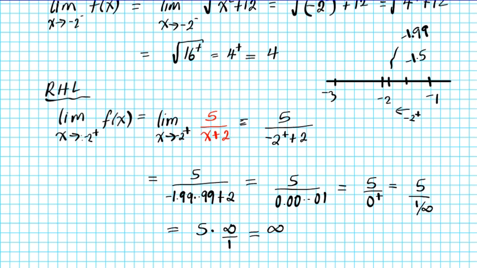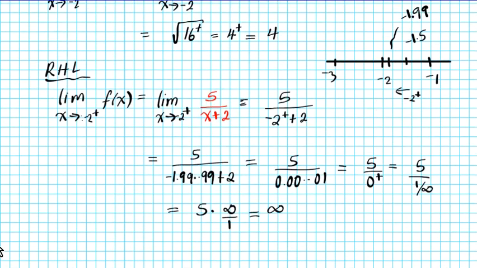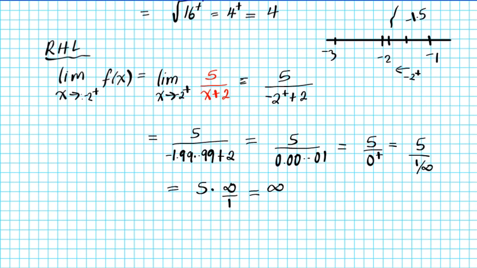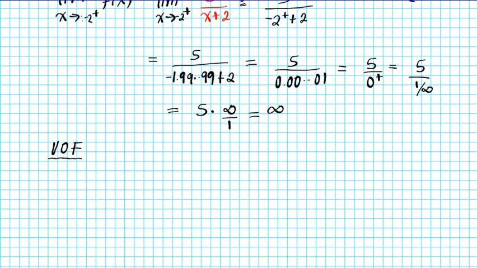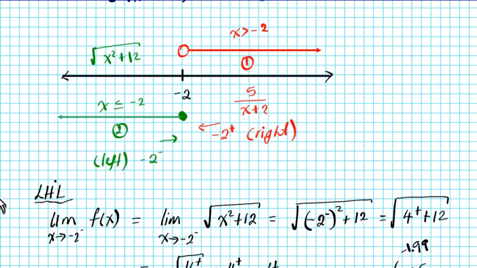Alright, now let's go ahead and take a look at the value of the function. But before we do that, we can see that the left and right hand limits are different, so the limit will not exist. Okay? Alright, value of the function. Value of the function is f of a, so f of negative 2. Okay? So f of negative 2 is going to be, which function are we looking at?